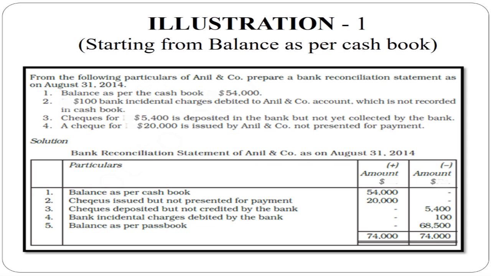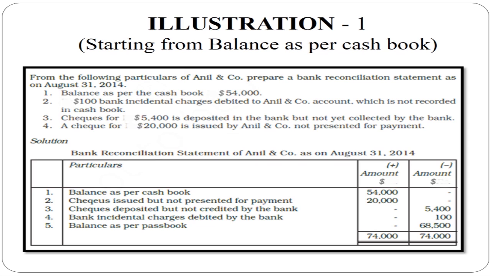So in this point, we will subtract $100 from the cash book balance. Next, checks for $5,400 is deposited in the bank but not yet collected by the bank. Due to this, the balance of cash book increased by $5,400, but in the bank account there was no such entry. So we will have to reduce the cash book balance by $5,400. And the last one, a check for $20,000 is issued by Anil and Company, not presented for payment.